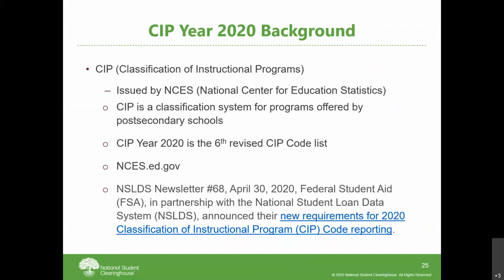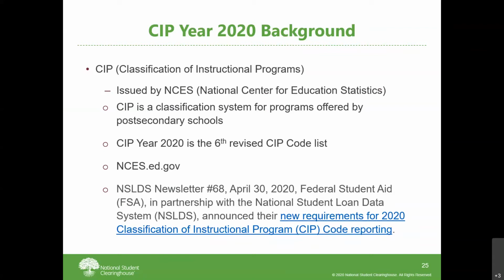So for CIP Year 2020, it actually happens to be the 6th revised CIP code list. And to give you some history, the initial one was published in 1980. And then there was a revised one in 1985, 1990, 2000. And then most recently, the one we're all accustomed to is 2010.